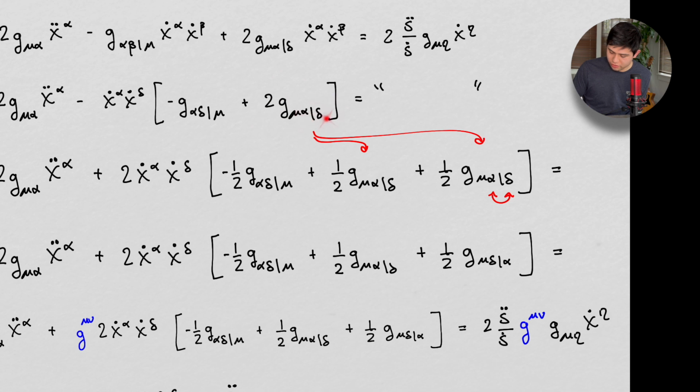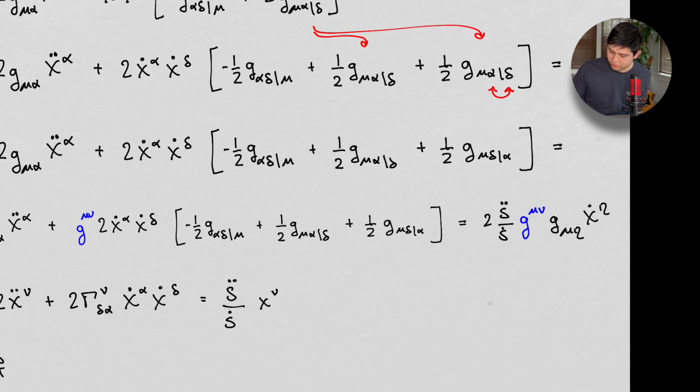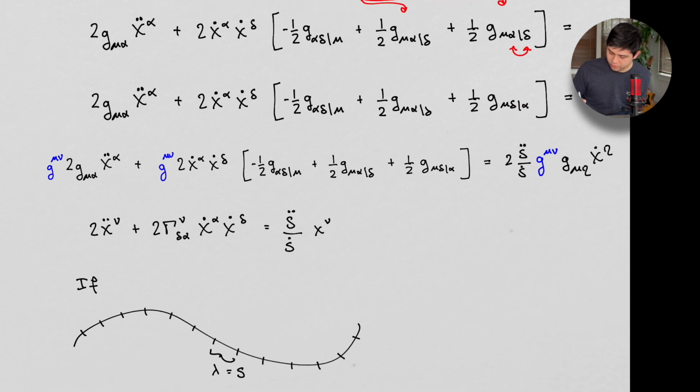This G mu alpha delta, we're going to split 2 ways, okay? So not really doing anything, all of this is just this. But what we can do now is swap dummy indices, these two guys, and when we do that, we have our Christoffel symbol.